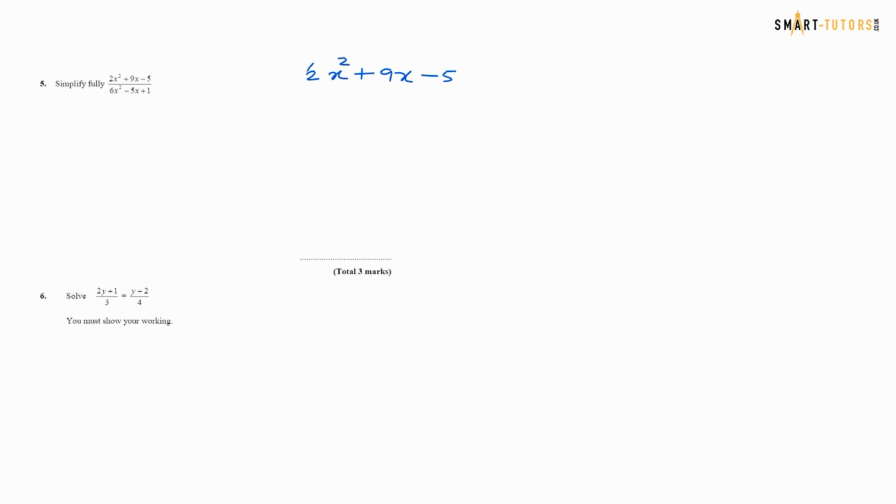So the decomposition method shows 2 times 5 is minus 10. So we need two numbers that multiply to give minus 10 and add to give plus 9. So the factors have to be take away.